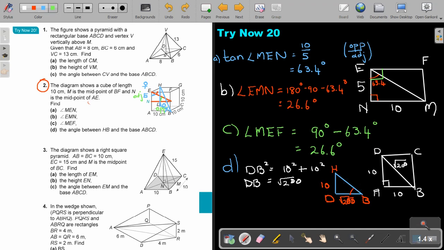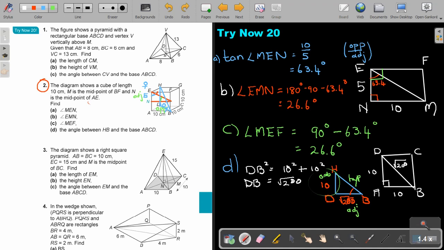So if I mark it, this is going to be opposite, this is going to be adjacent, this is going to be hypotenuse. So it's again opposite over adjacent.